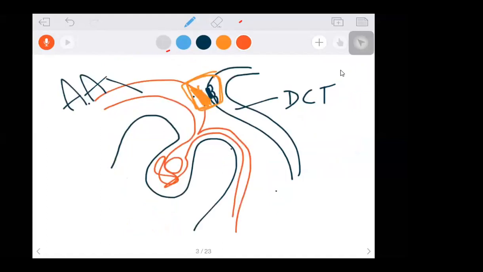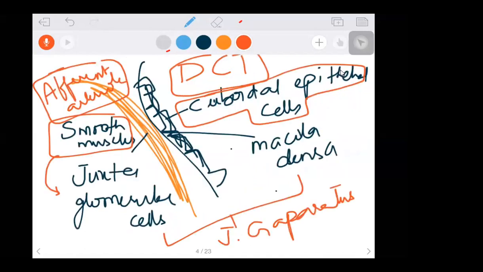When you zoom in on that area, you can see densely packed cuboidal cells of the distal convoluted tubule and smooth muscles of the afferent arteriole. The smooth muscle fibers of the afferent arteriole are called juxtaglomerular cells. The densely packed cuboidal epithelial cells of the distal convoluted tubule are called macula densa. So the macula densa and juxtaglomerular cells together are called the juxtaglomerular apparatus.